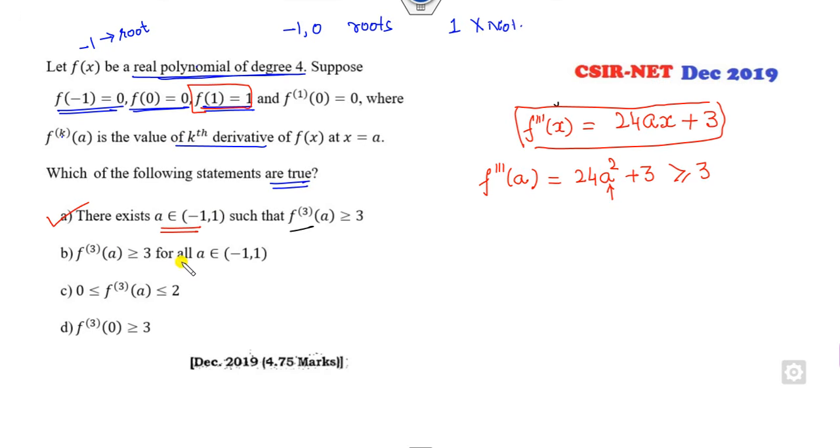Look at the second one. There exists a. So he said for all. Can you say for all f of this is greater than 3?